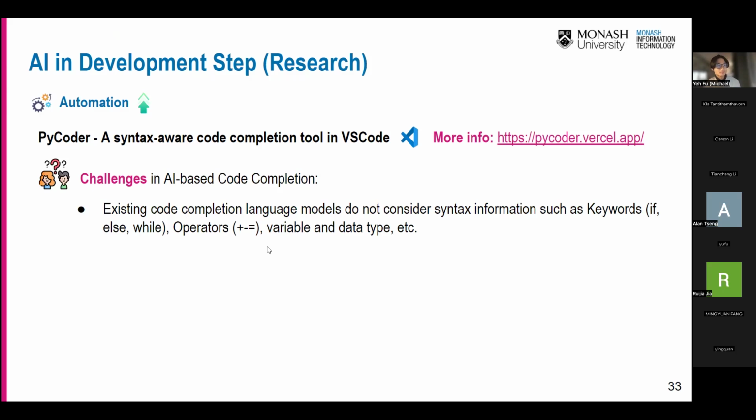The compiler actually treats these keywords and operators in different ways than other source code, right? And we also have variables and data types, but they found that the existing completion models don't highlight this kind of information for the model, so we have suboptimal performance for the code completion model.